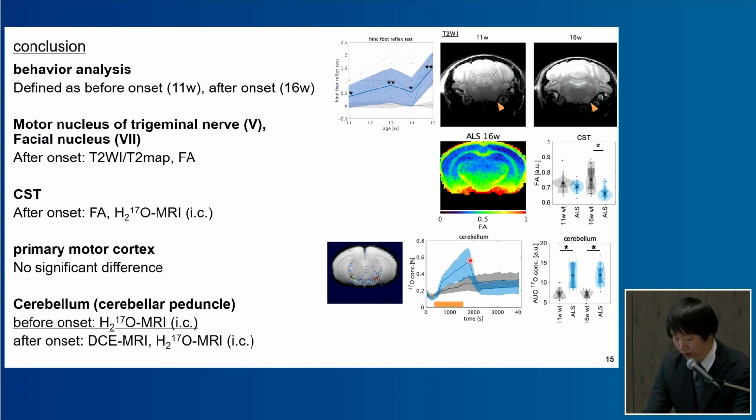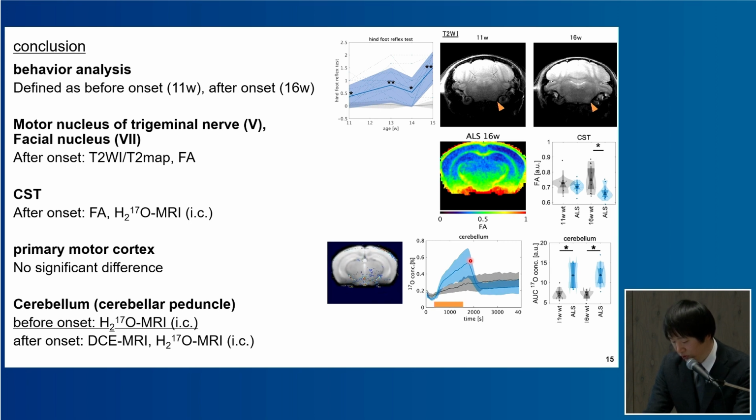In summary, we defined ALS onset by behavioral analysis and performed MRI measurement before and after onset. Abnormalities were observed in the motor nucleus of the trigeminal nerve and the facial nucleus on T2 weighted image and FA after ALS onset.